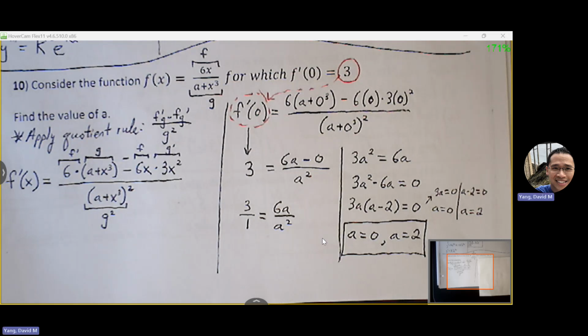Number 11 is meant to be a related rates problem. So each time we come across h, we have to attach a dh dt. Each time we come across b's variable, we attach db dt.